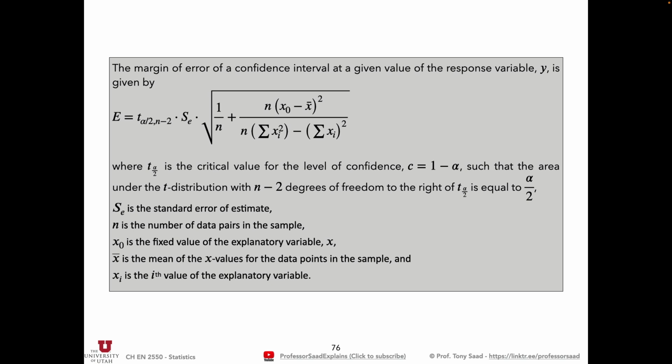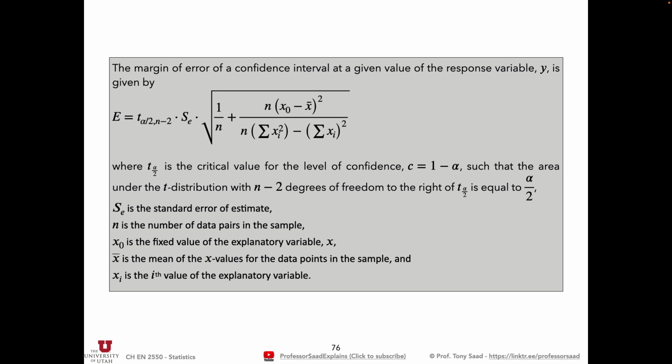Just use it as it is here, because it's based on the standard deviation of the residuals. So for a confidence interval, this is your margin of error, and we're going to use that plus or minus the value predicted in the model. If you add and subtract this value, it gives you a confidence interval. That's it.